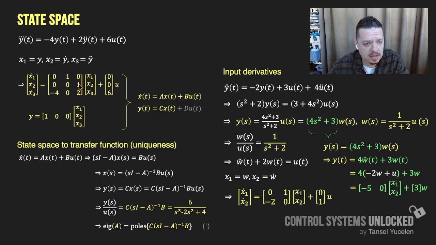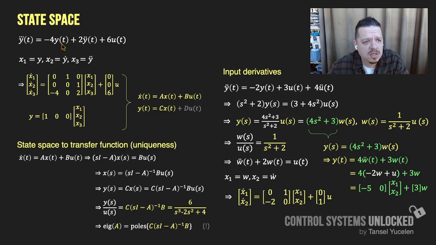And finally, x3 dot is y dot dot dot, which is basically this equation: minus 4 multiplied by x1, since x1 is y, nothing for x2, 2 multiplied by x3, because you have 2y dot dot and y dot dot is x3, and then you have 6u.